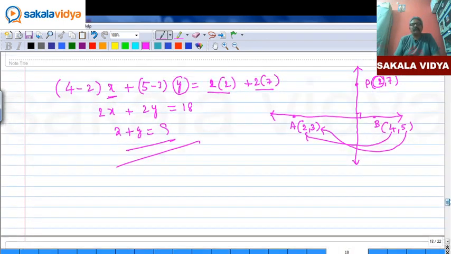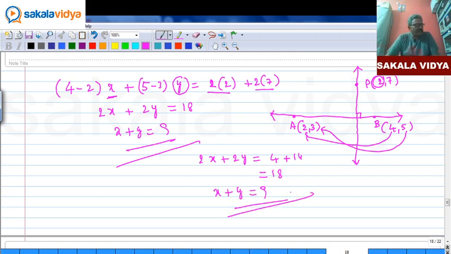I will give one more problem. Check this: 4 minus 2, 2x plus 5 minus 3, 2y equals, in place of x 2, 4, plus in place of y 7, 14, equals 18, divide by 2, x plus y is equal to 9.